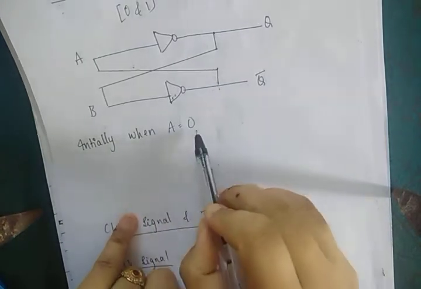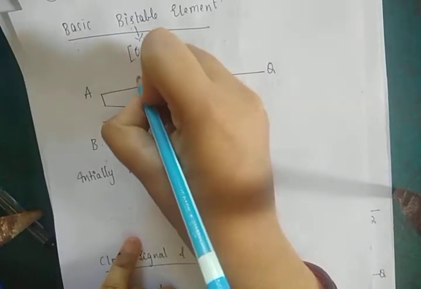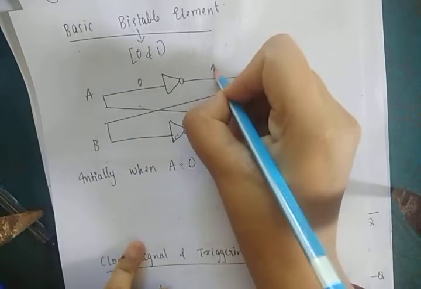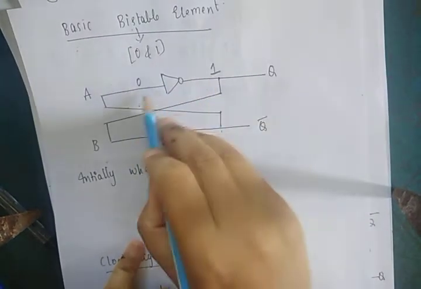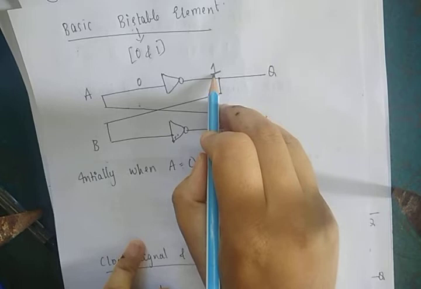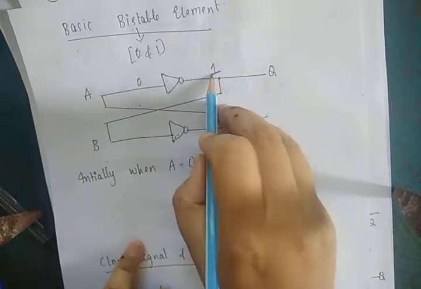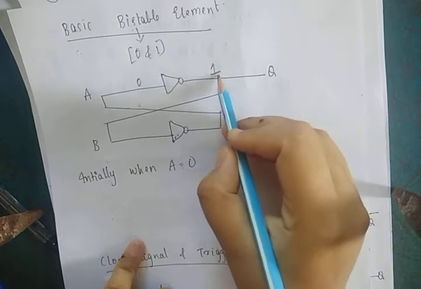Now we'll see how it works. Initially, imagine A is 0. What will be the output? It will be 1, because it is a NOT gate, it will invert. Now I got the output as 1.